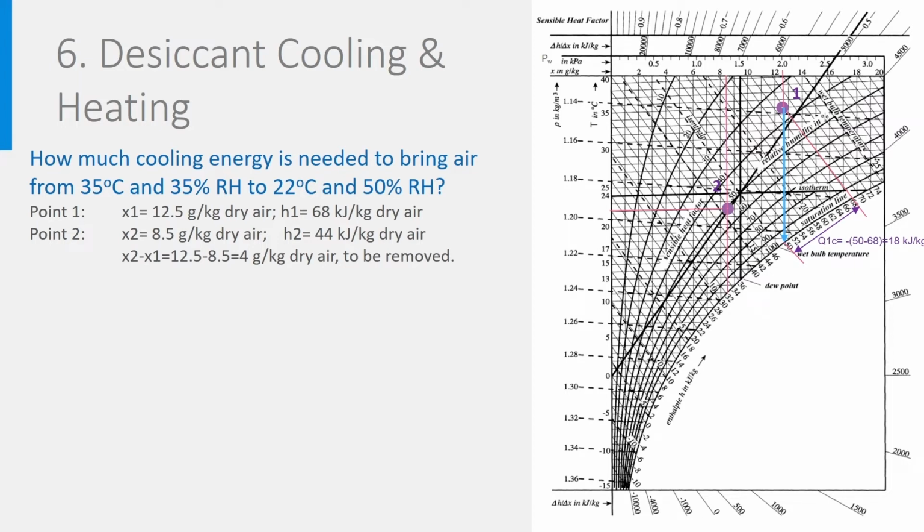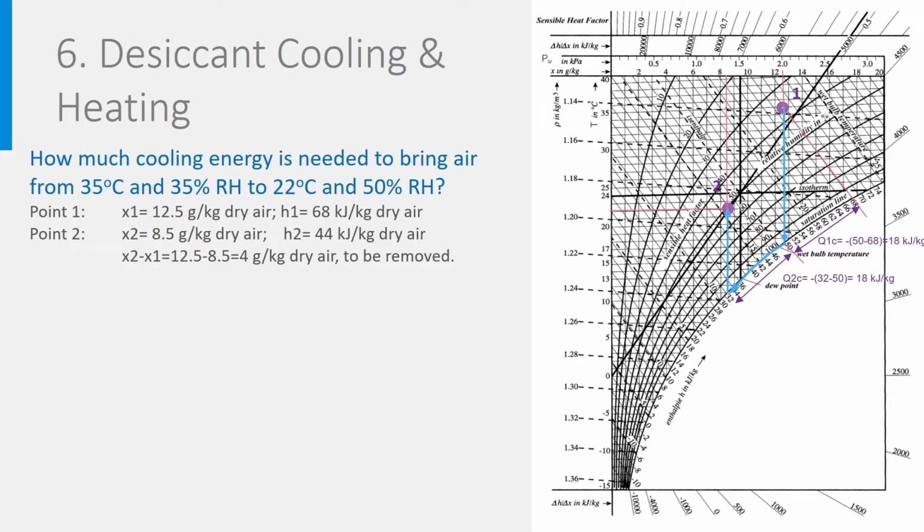We need to remove 4 grams of water vapor to arrive at an absolute humidity of 8.5 grams per kilogram, meaning that further cooling up to the dew point on the saturation line with absolute humidity 8.5 is reached. This process needs 32 minus 50 is minus 18, which is 18 kilojoule per kilogram cooling. Unfortunately, this dehumidification has led to a huge temperature decrease to 11 degrees Celsius, which means that we must now heat the air up from 11 to 22 like that.